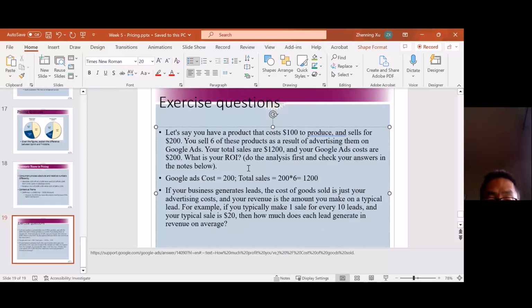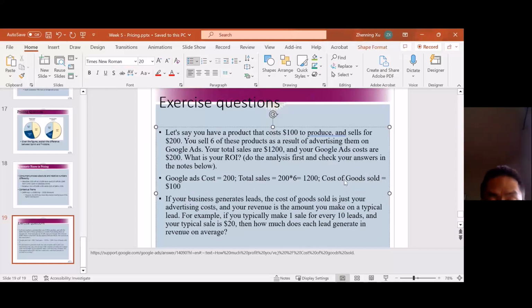So cost of goods sold for the product is going to be $100 times 6 plus the Google Ads cost, which is $200.